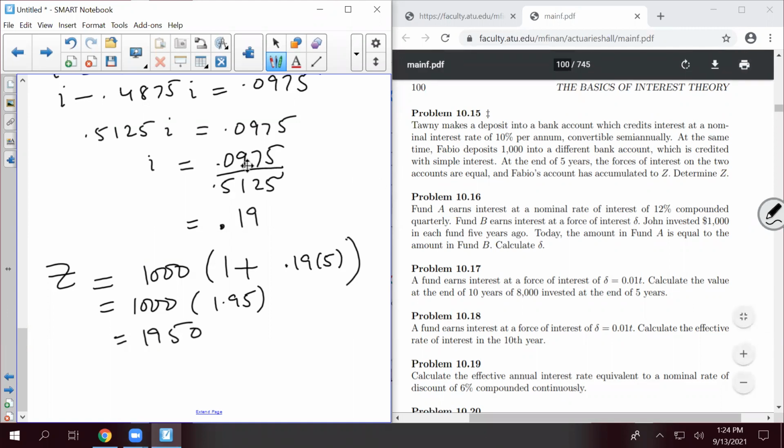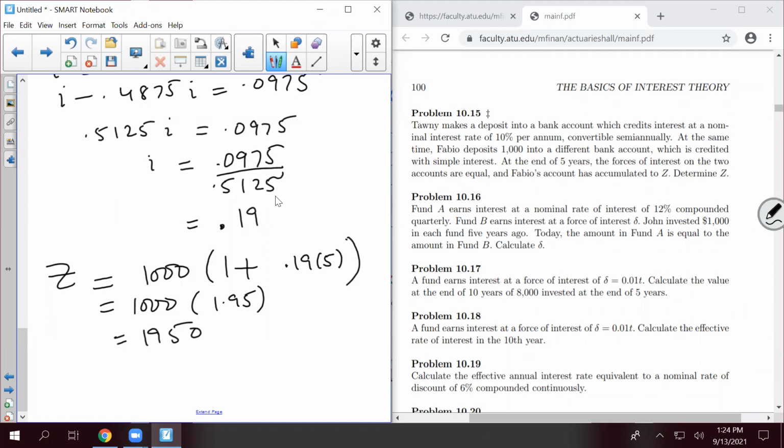So they have 1952. So try this rounding: the 0.0975 divided by 0.5125, and substitute that over here. No?